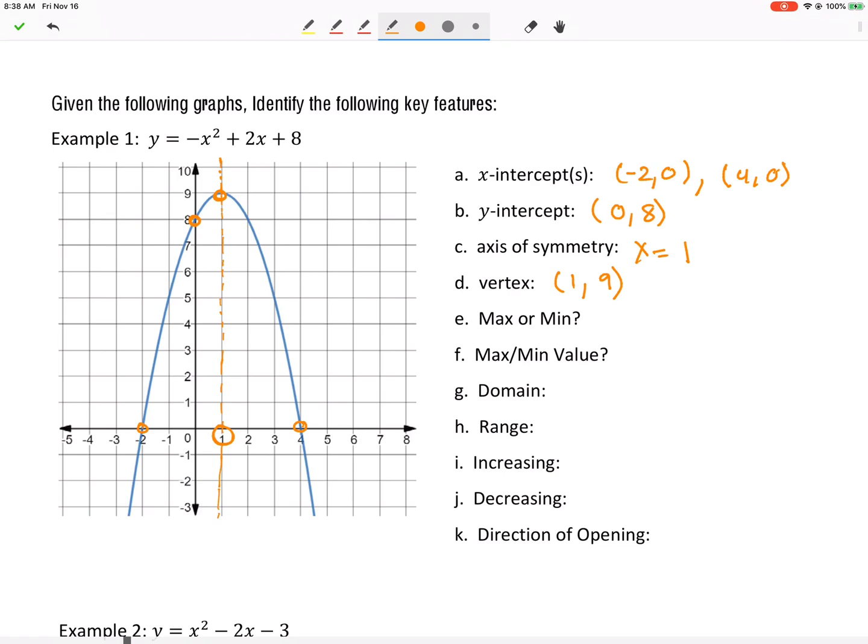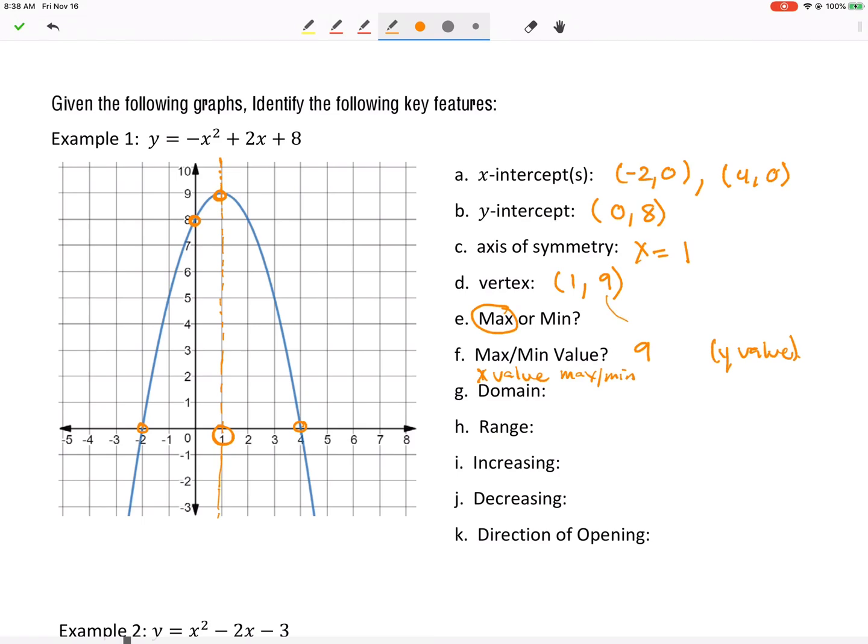Max or min, the vertex is a max, and what is the value? It is 9, so it's going to be our y value. Okay, one of the other questions we asked was the x value that maximizes or minimizes the function.